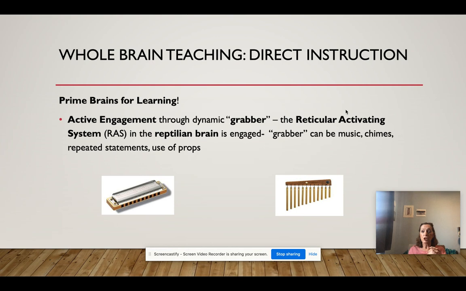So where it may look like a student is paying attention, they're really in a frozen state. Or you may see some kids go under their desk, or check out. So just keep that in mind.